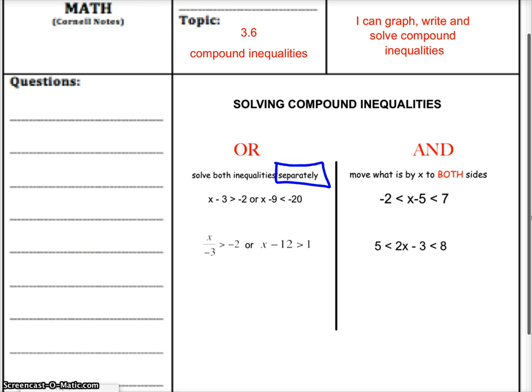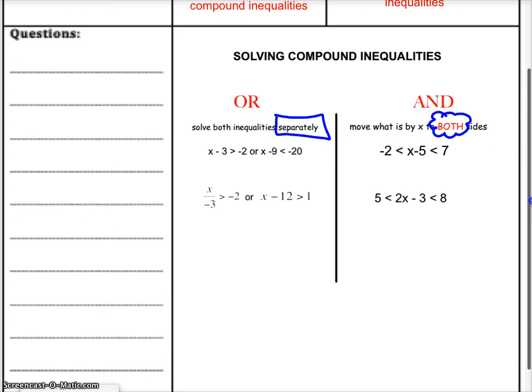For an and inequality, you're going to move what is by the x to both sides, so cloud the both. So we're going to solve ors, and we're going to solve ands. Ors is like doing two of them. Ands is just doing one big one. Okay? So here we go.